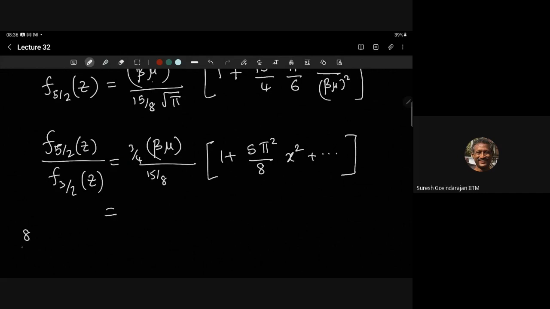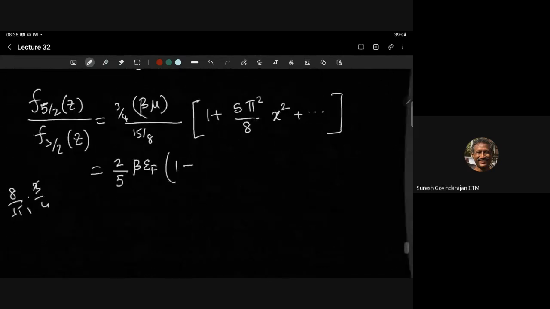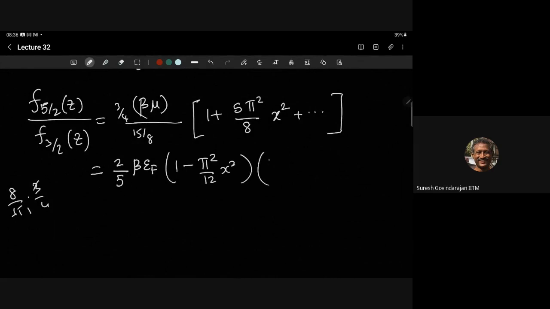It is 8 by 15 into 3 by 4, so 2 by 5. 2 by 5 beta epsilon f, into mu divided by epsilon f, which is 1 minus pi square upon 12 x square, into 1 plus 5 pi square upon 8 x square.